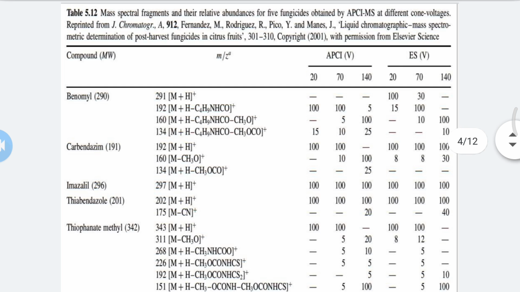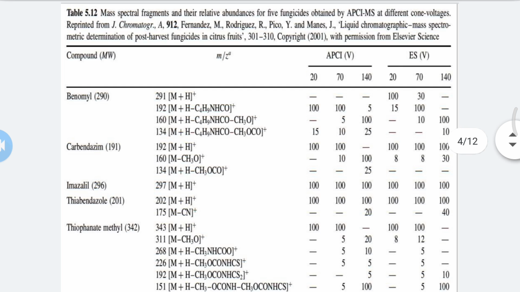But this is not always so, and it may be beneficial to change the cone voltage during the course of an experiment.